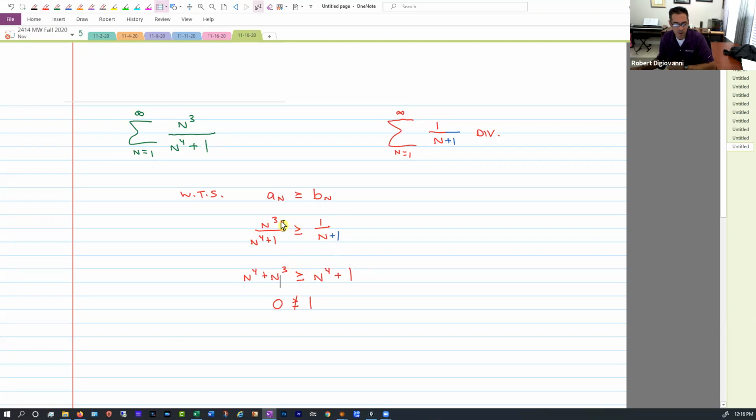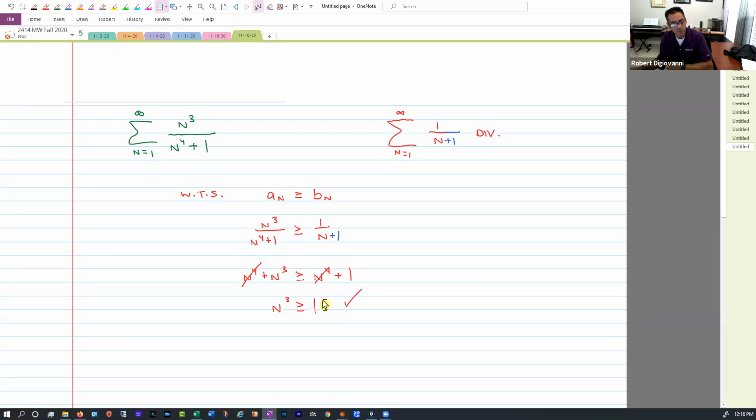When we do this one times this one. Y'all see that? And then when you subtract on both sides, these go away, but now you have n cubed is greater than or equal to 1. And that is true. Does that make sense? Just a slight little tweak there worked.